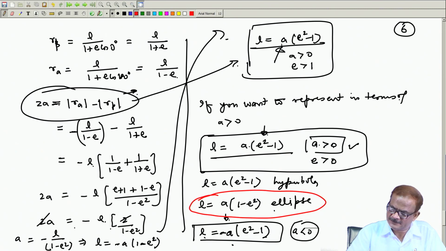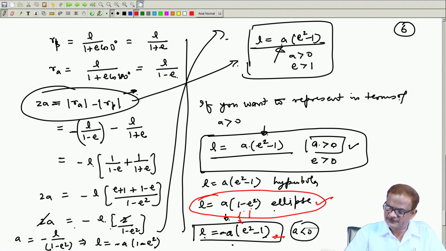Okay, and based on this, in the beginning we have derived the Kepler's equation also, L equal to a times 1 minus e square. This is valid for ellipse, and if it is a hyperbola, so e will be greater than 1. So, in that case you will shift the sign outside. Okay, so, therefore, there is exchange of e square and 1.